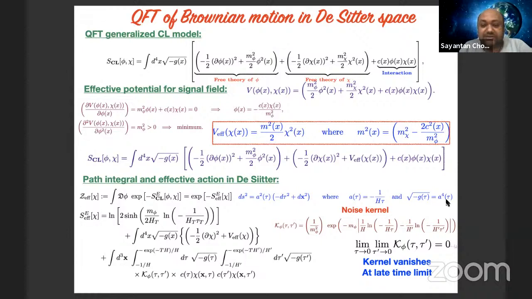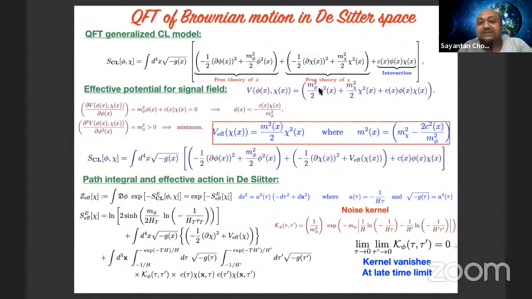Now, the main goal is that in this quantum Brownian motion problem, we treat phi as the noise field and chi as the signal field. At the end of the day, you want to construct an effective field theory of the signal field chi. For that reason, you can write down an effective potential at the minima of the field phi, which will look like this.